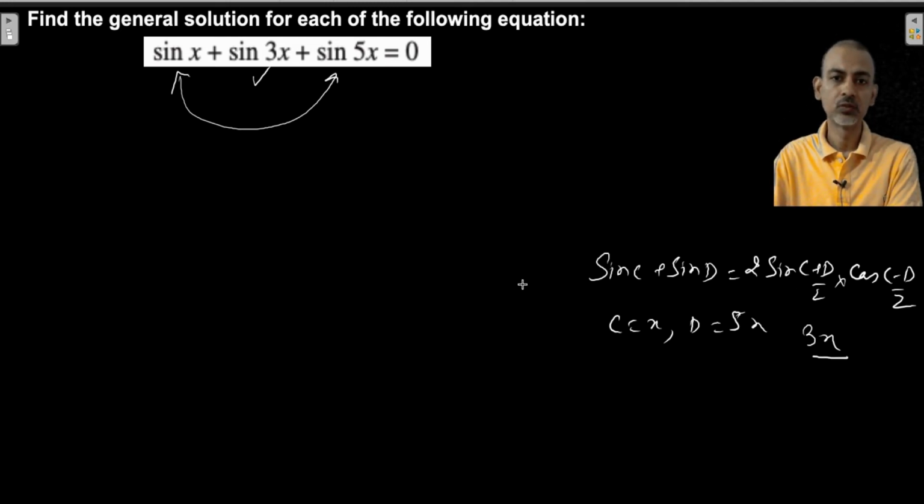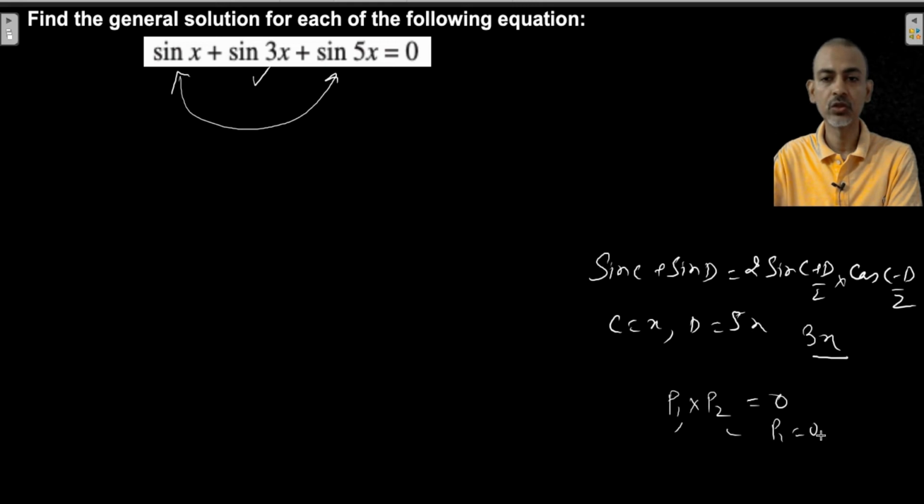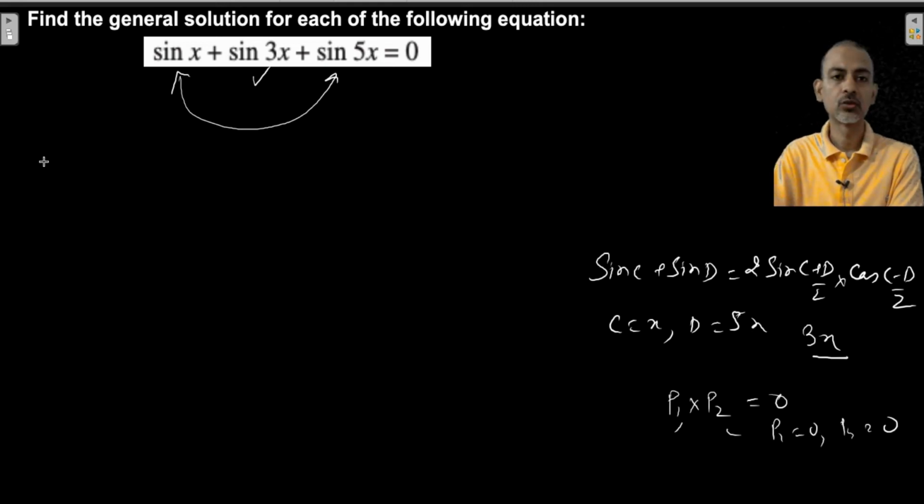And as you know, what we are trying to do to this expression is make it a product of two functions, and then we will equate each of them separately to 0: P1 equals 0 and P2 equals 0, alright? So let's do that.